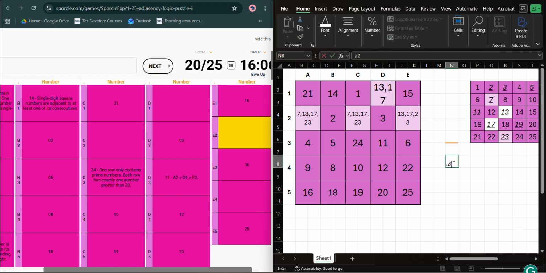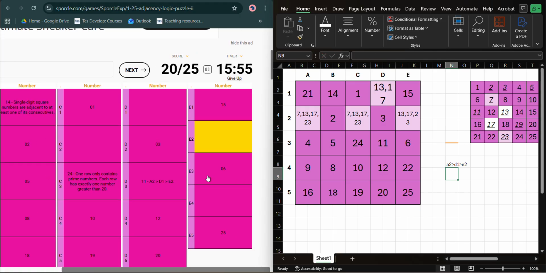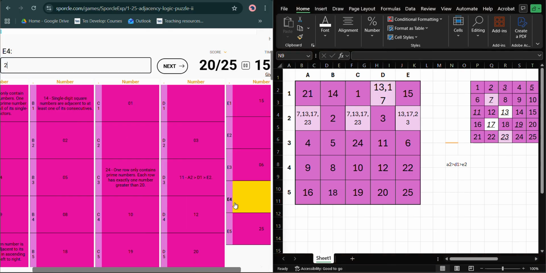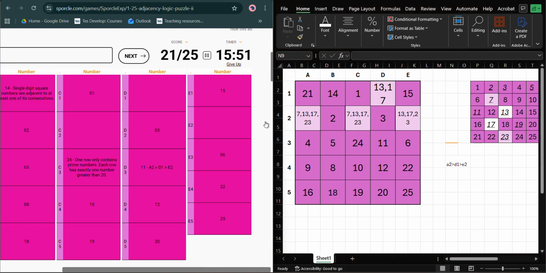A2 is bigger than D1, which is bigger than E2. That's going to tell us everything we need to know for the end. Just put in a 22 down there. So A2 is bigger than D1, which is bigger than E2.